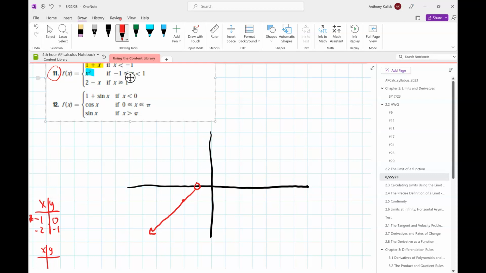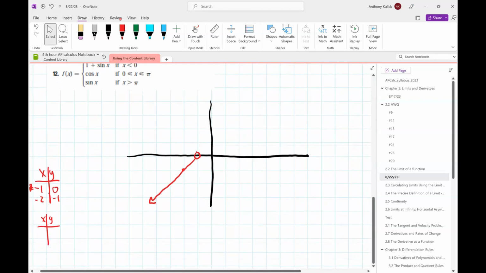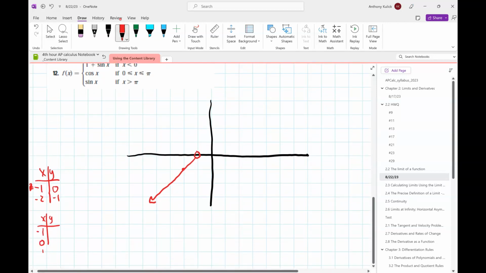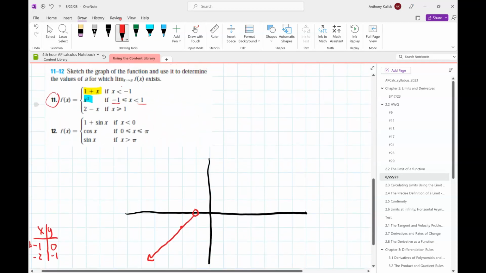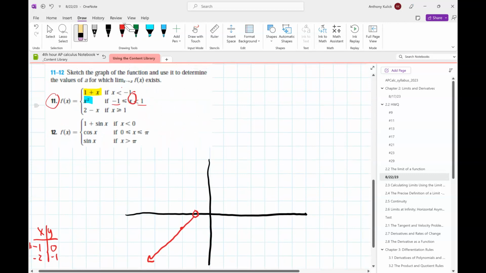And then my other 2 x's I'm going to choose are the boundary values for my domain, because I need those anyways. So -1, 0, 1. -1 squared is 1, 0, 0, and then 1 squared is 1. And again, I'm going to put a little star here because when I looked at the boundary value, I had a strict less than at 1. So far, so good?